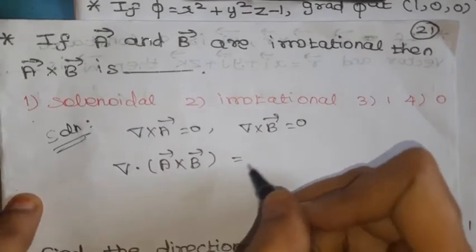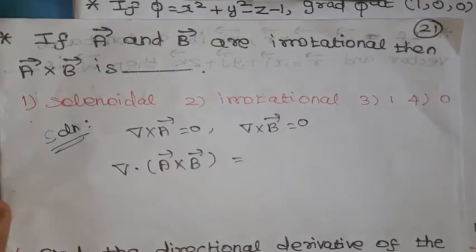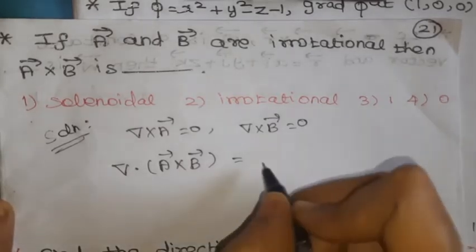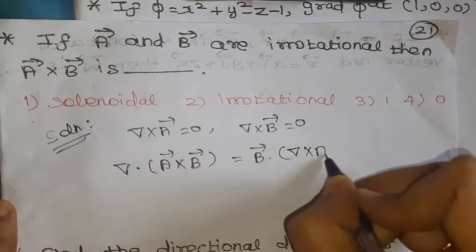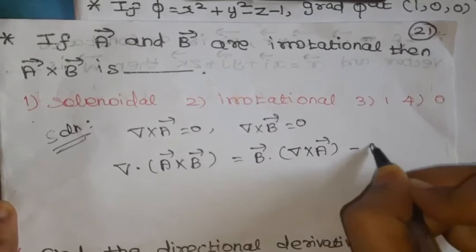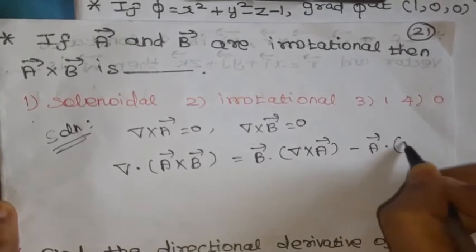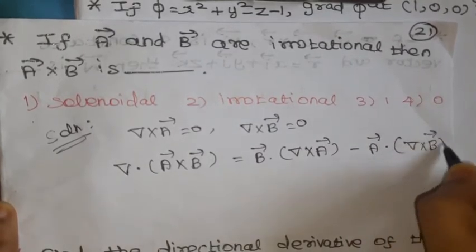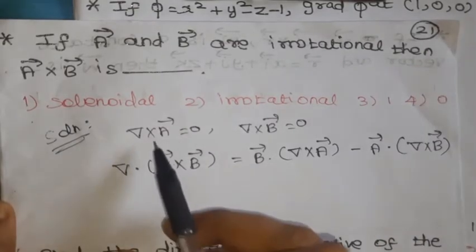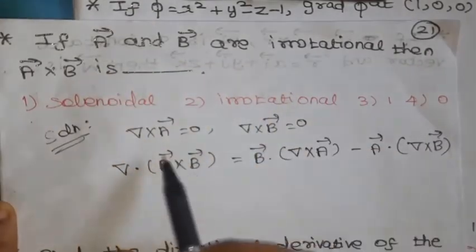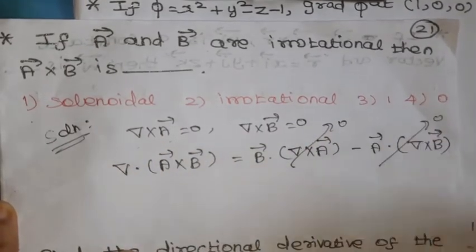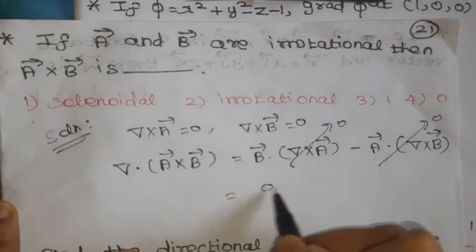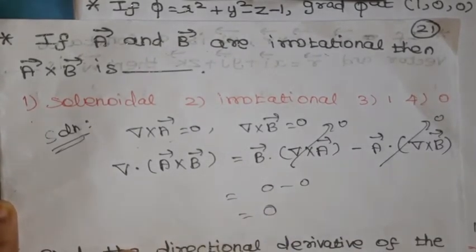Del dot A cross B is nothing but B dot del cross A, this is a formula, minus A dot del cross B. Given that A and B are irrotational, del cross A and del cross B are equal to 0. So this term and this term get cancelled to 0. So 0 minus 0, we are getting 0.